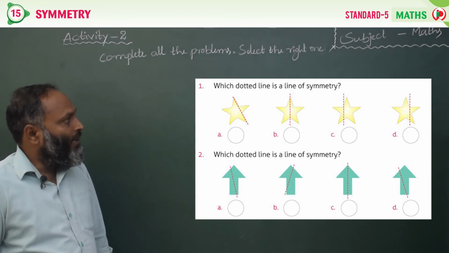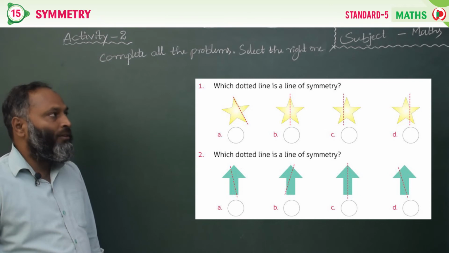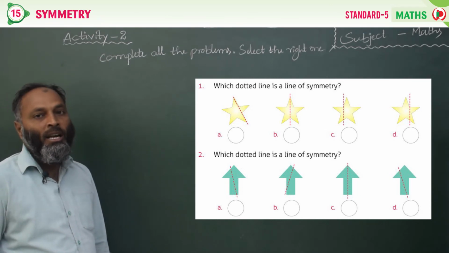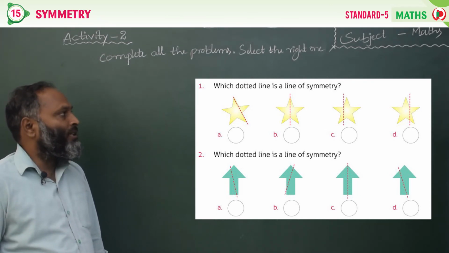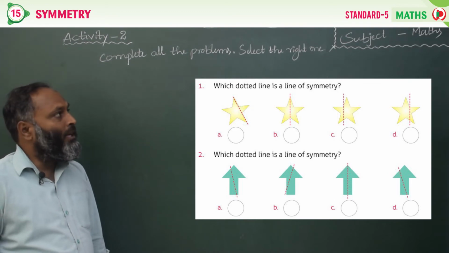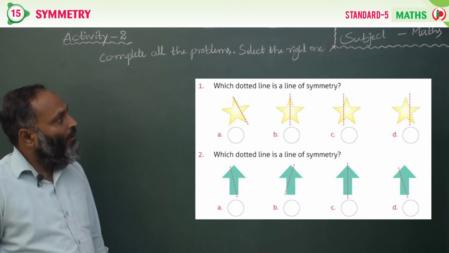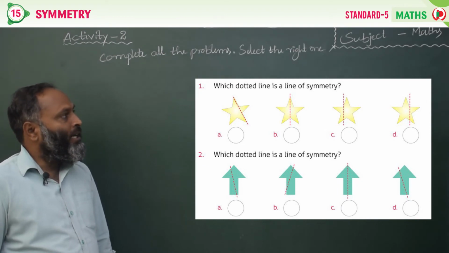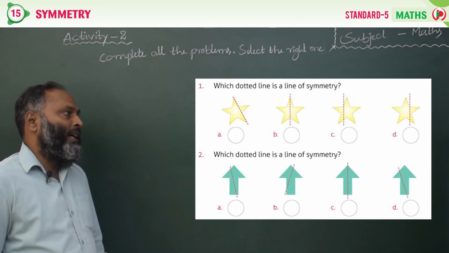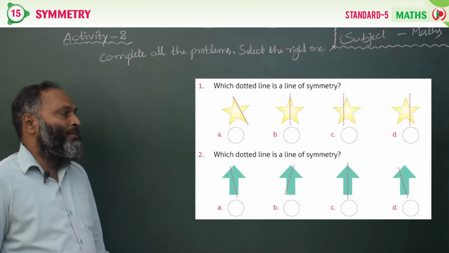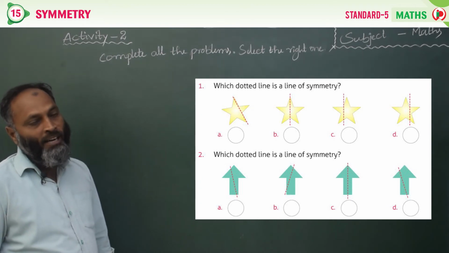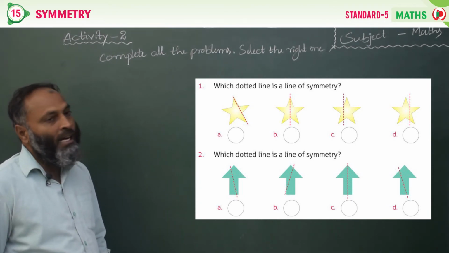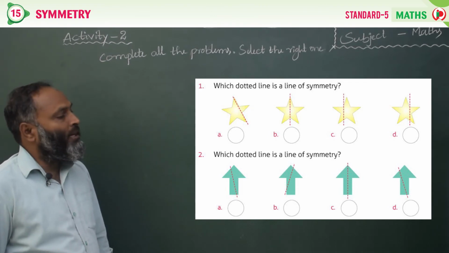That slanting line does not divide the star into two equal halves, two identical shapes, so that is not correct. Then B. B is a vertical line, which divides the star into two identical shapes, right and left. So, B is the answer. Make a tick mark at B.